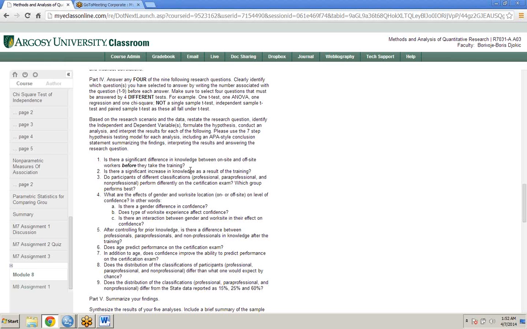After controlling for the prior knowledge, is there a difference between professional, paraprofessional, and non-professional knowledge after the training? So the covariate is going to be prior knowledge, and then you can see the level of knowledge after the training for 3 different groups. Does age predict performance on the certification exam?